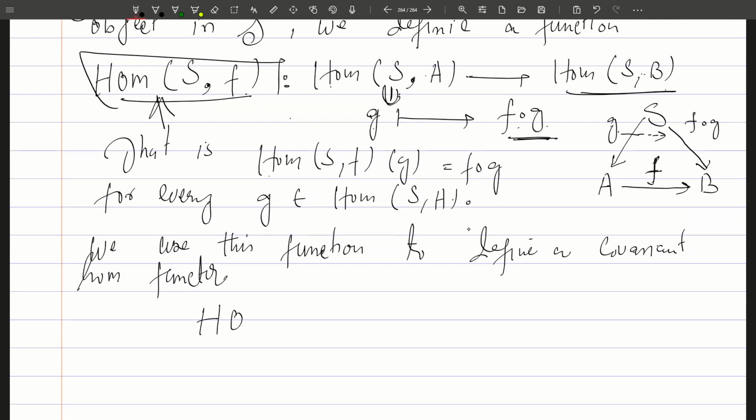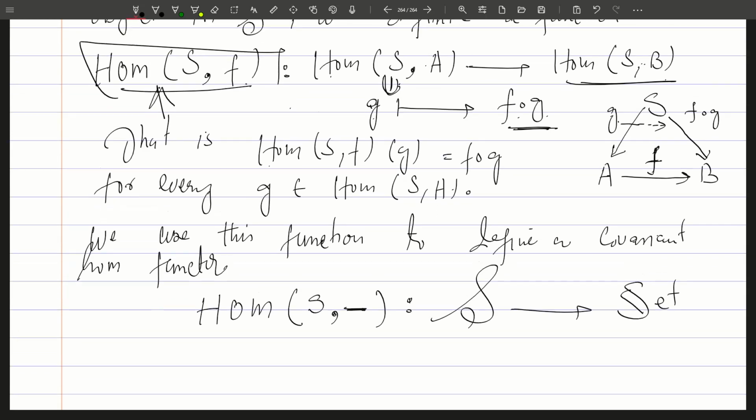We define this to be Hom(S, -). We keep the object S here, where S is an object of the category S, and we keep a blank here. So this is a functor from the category S to the category Set, as follows.